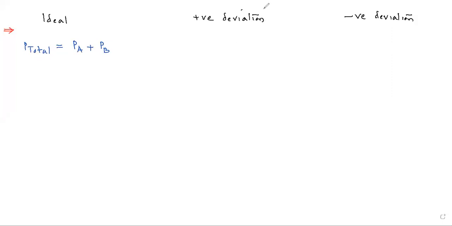Whereas, coming to the positive deviation, positive deviation is weakening the attractions. When the interaction between the molecules decreases, they can easily come up to the surface by overcoming the weak intermolecular attraction.